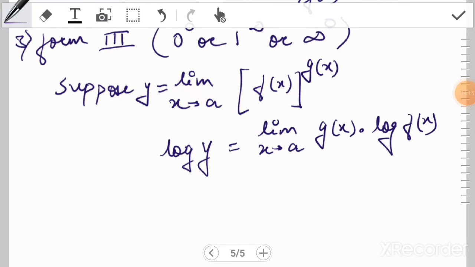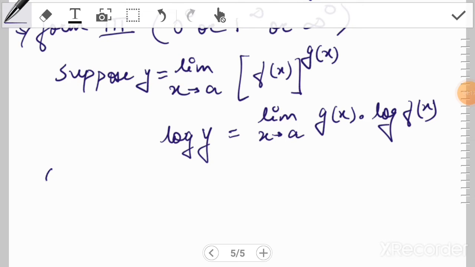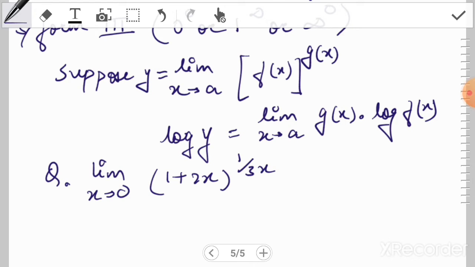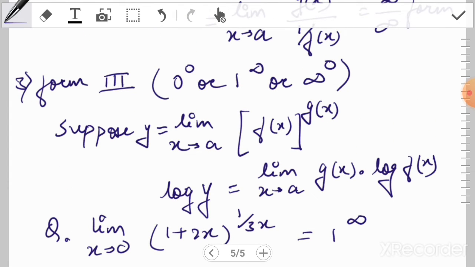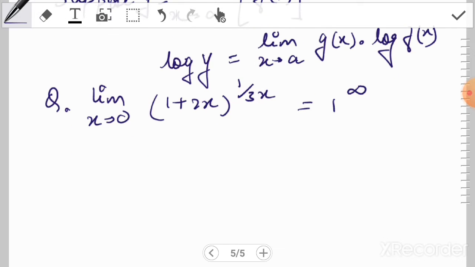Let us understand this with an example. If we have to find the limit as x tends to 0 of (1 plus 2x) raised to the power 1 by 3x, this is in the form 1 raised to the power infinity. So this is form number 3. Taking y as this, taking log on both sides, we get (1 by 3x) log (1 plus 2x).